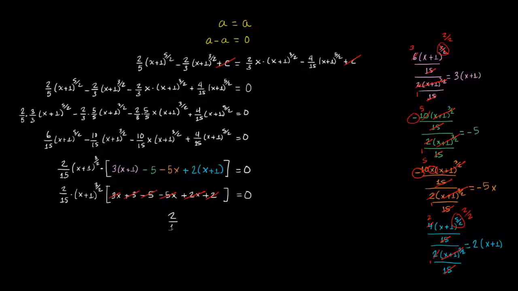It's going to be 2 over 15 times (x plus 1) raised to the 3 over 2 times 0. And of course we are multiplying them both, and this 0 is multiplying the expression. This whole term will cancel out, and at the end you will have that it's identical to 0.